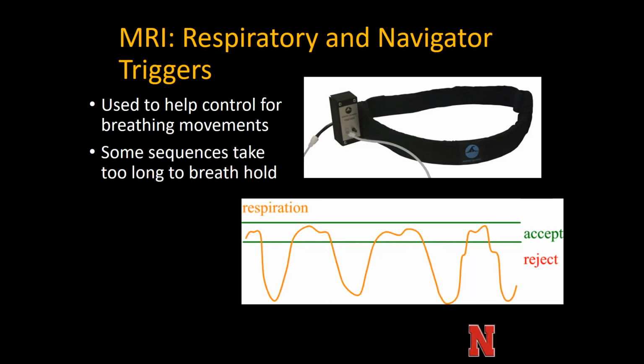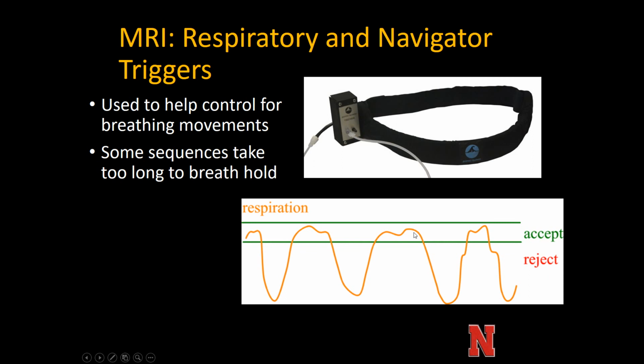So to do 3D imaging, you have to image for several minutes. People can't hold their breath. So you can do respiratory or navigator triggers. These are used to help control breathing movements or to account for breathing movements. Some sequences you just can't do a breath hold. So if you think about the respiratory cycle, at the down part of it here, you have a relatively still area.